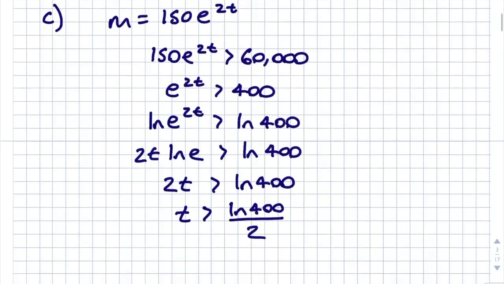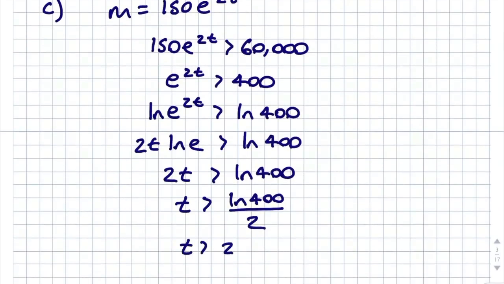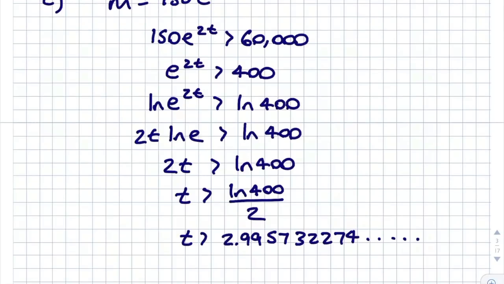So I get t is greater than 2.9957322774, and that will probably keep on recurring. Now, t is a value that is greater than this result, but I don't define the number of weeks as a decimal. So what I'm going to say is t must be equal to 3 weeks.